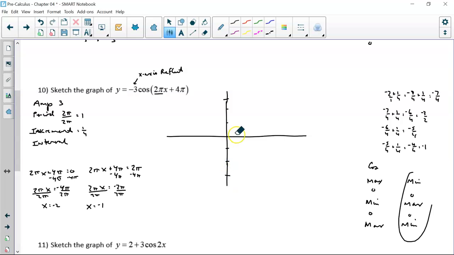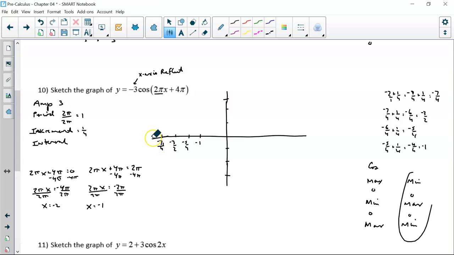So here we have negative 1. Then we're at negative 5/4. Then we're at negative 3/2. Negative 7/4. Sorry, my spacing got a little messed up.